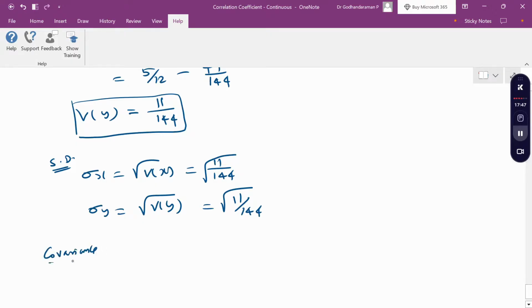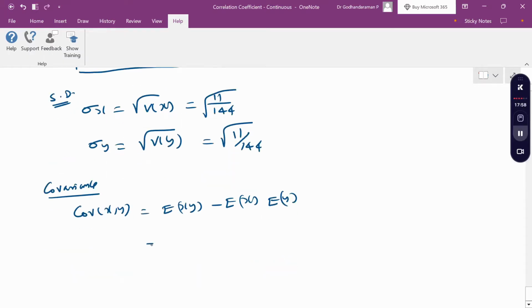To calculate the covariance of x comma y: expectation of xy minus expectation of x times expectation of y. Then substitute: expectation of xy is 1 by 3 minus expectation of x, 7 by 12, times 7 by 12. Therefore 1 by 3 minus 49 by 144.